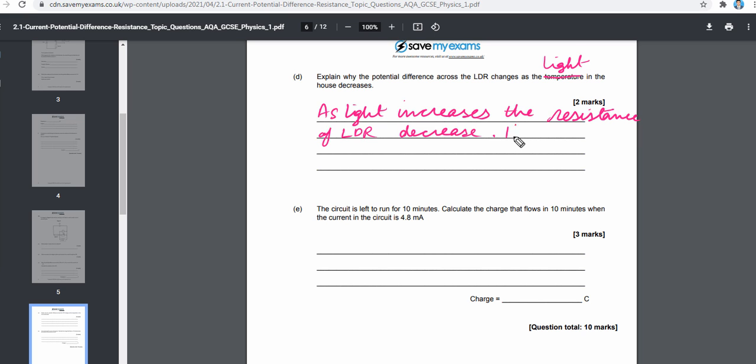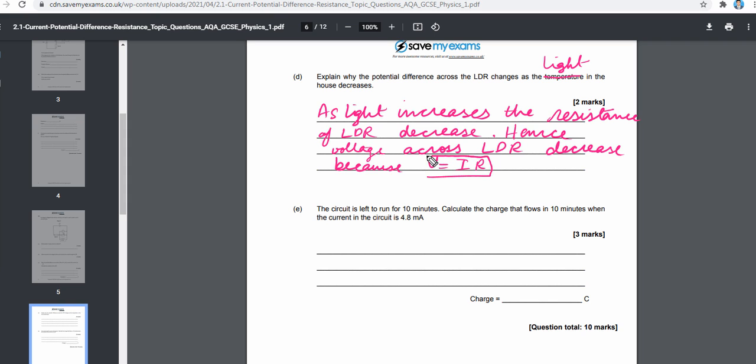Hence, the voltage or potential difference across the LDR decreases, because voltage is equal to IR.